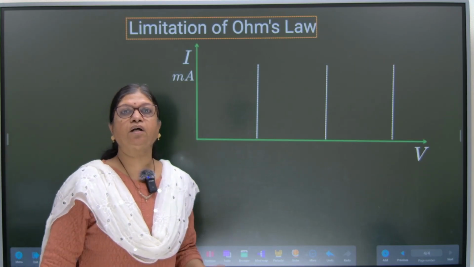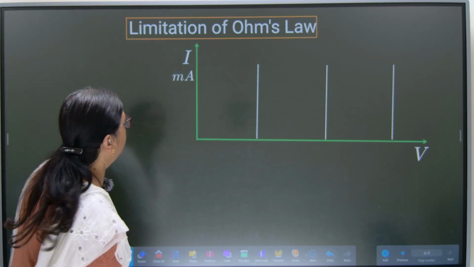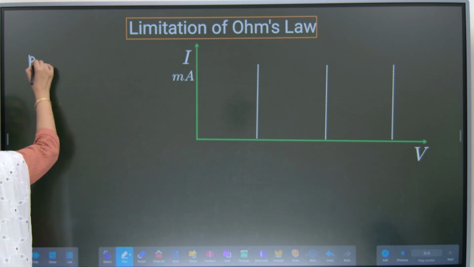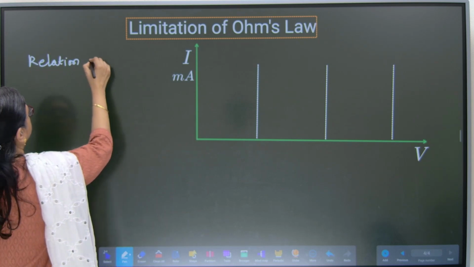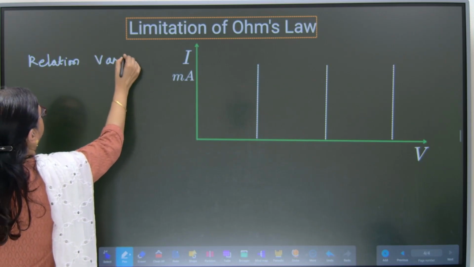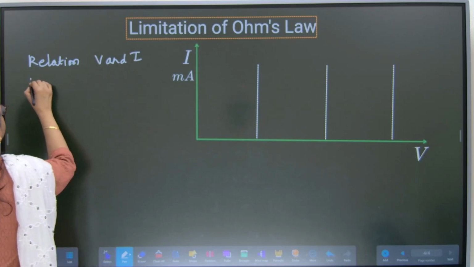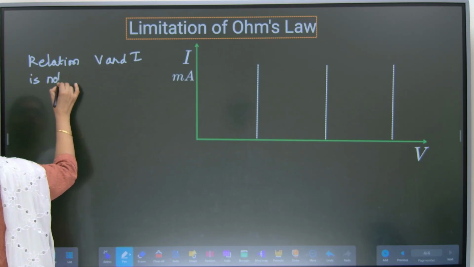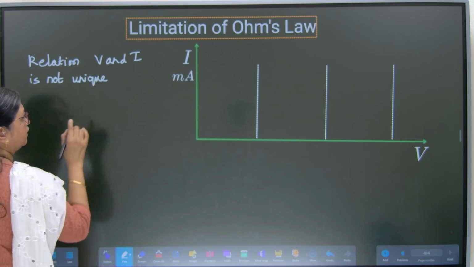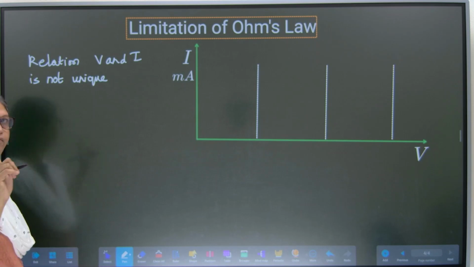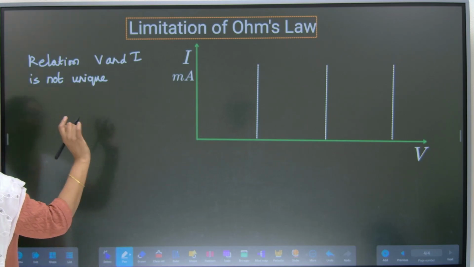Now we move to the third limitation of Ohm's law, which states that the relation between V and I is not unique. What is the meaning? That for every value of V, we must have one single value of I, but that is not the case.